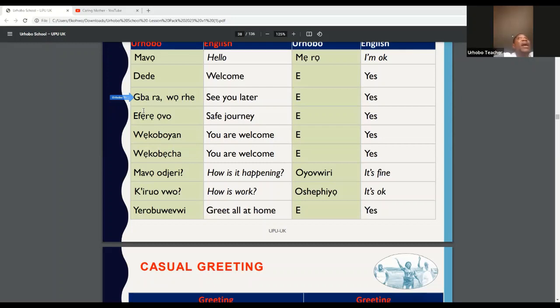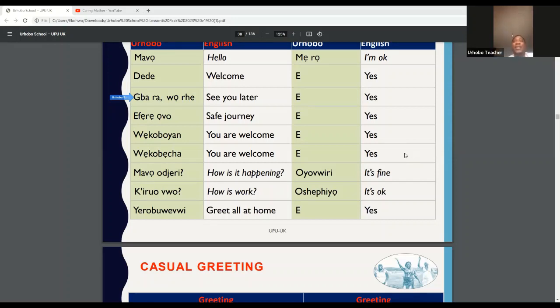Go and come back, I hope to see you later. If you come back, that means I'm going to see you. So the meaning is I'll see you later.